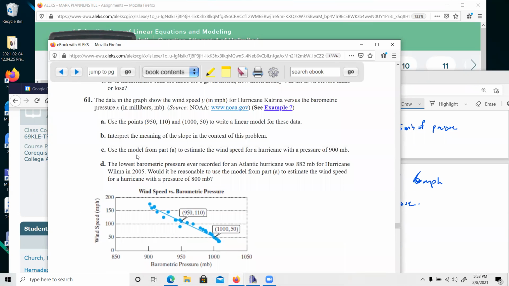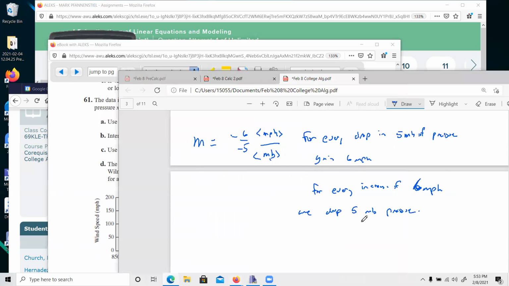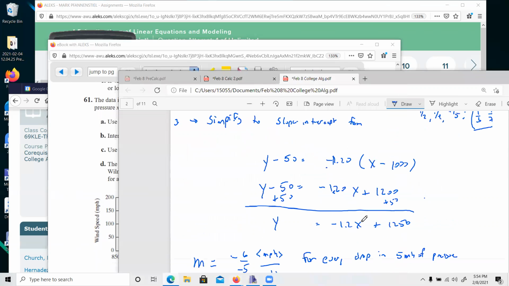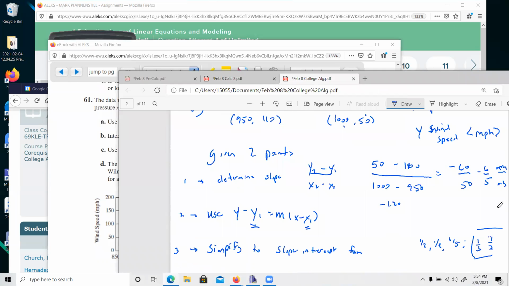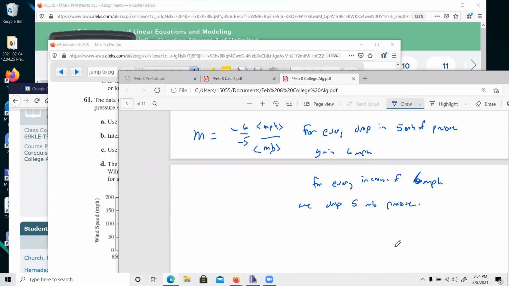Let's see. Using the model from part A, estimate the wind speed for a hurricane with a pressure of 900 millibars. They don't want you to come over here and estimate it. They want you to use your formula. Okay. So let's go back up here. Which one's the millibars? The X's are the millibars.